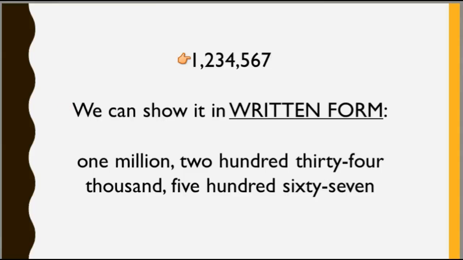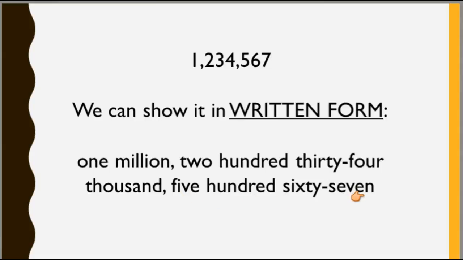To write out this number in written form, you would just use your words: 1 million, and look at this, we're going to use commas right where you use commas in the standard form. 1 million, comma, 234 thousand, comma, 567.